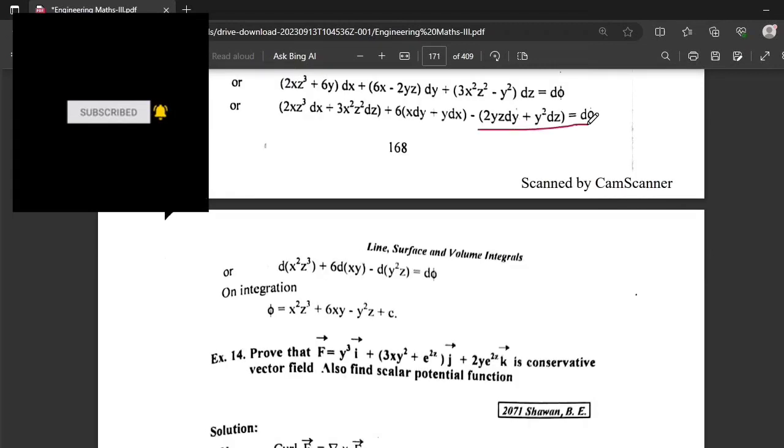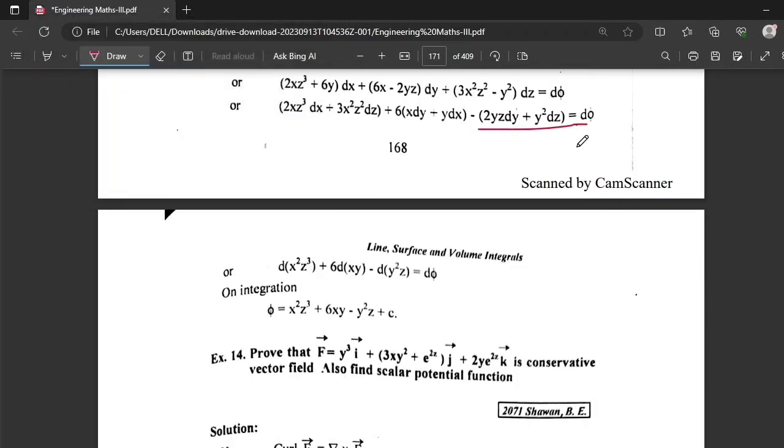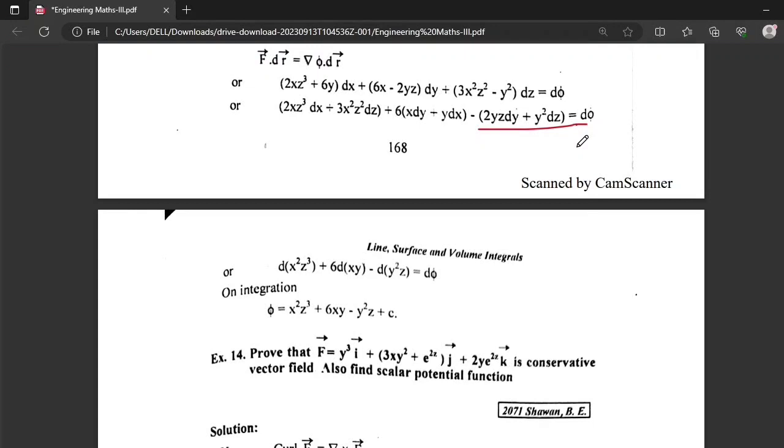Finally, we need to convert this into exact form. The highest power in both is y², so y², and the remaining function is z. Now we cross-check by expanding, with y² as the first function and z as the second function.